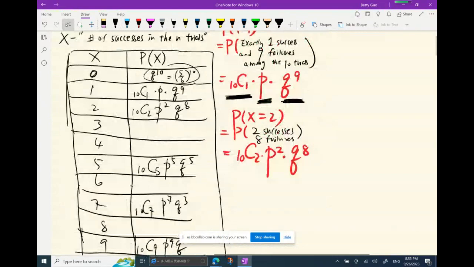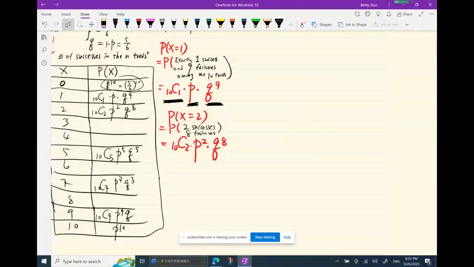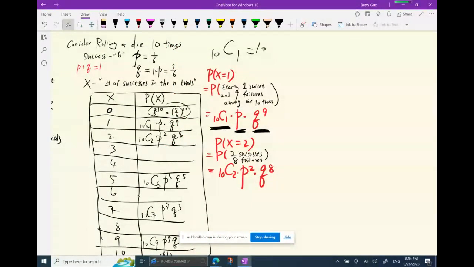And that's how we understand the binomial distribution table. Can we use a TI calculator to find those probabilities and the mean and the standard deviation? Yes, but we ran out of time. I'm going to show you at the very beginning of Thursday.